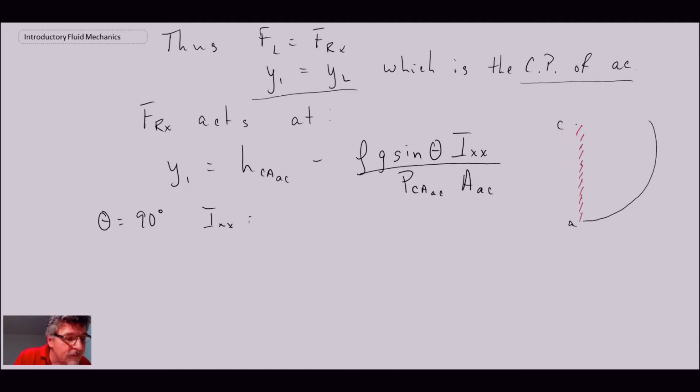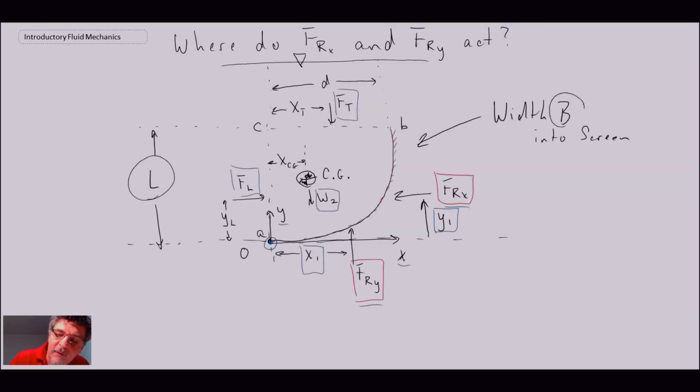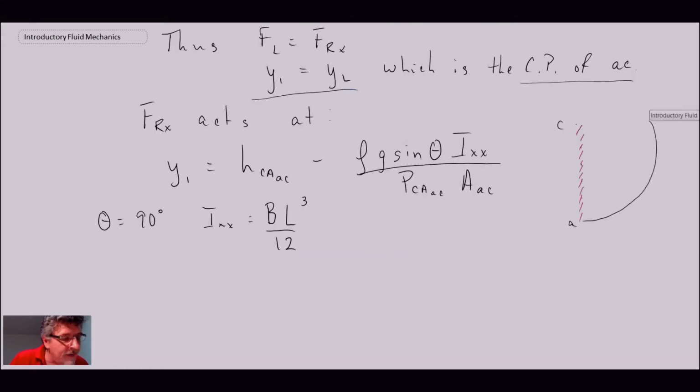IXX is BL cubed divided by 12, using the dimensions that we have from our schematic. We have L being that dimension. We said it's width B into the screen. And finally, the area of AC is just B, the depth or width into the screen, times L, which was the height.